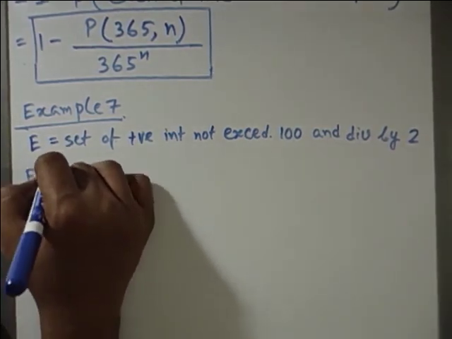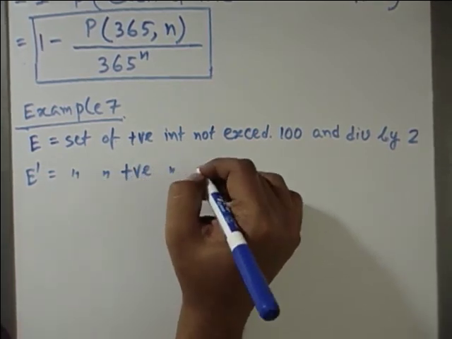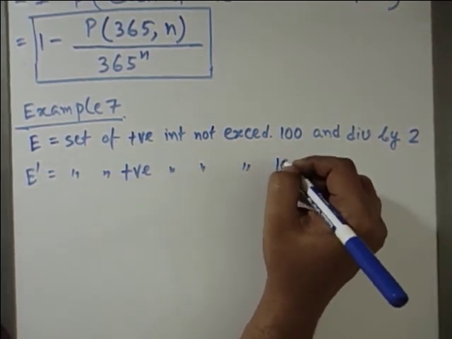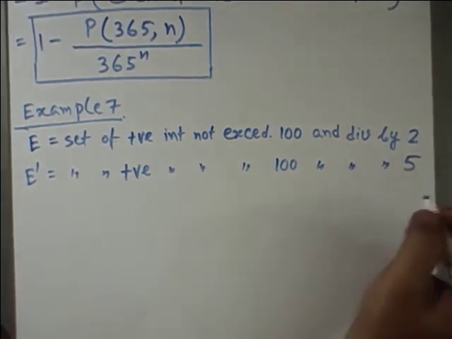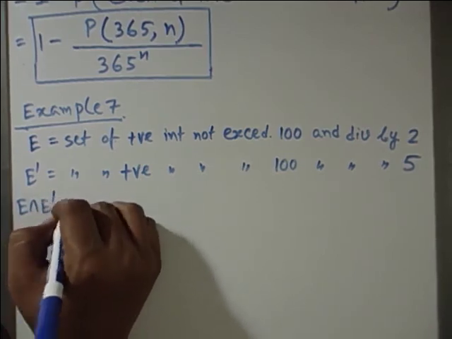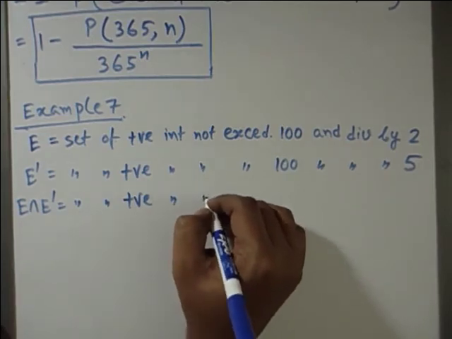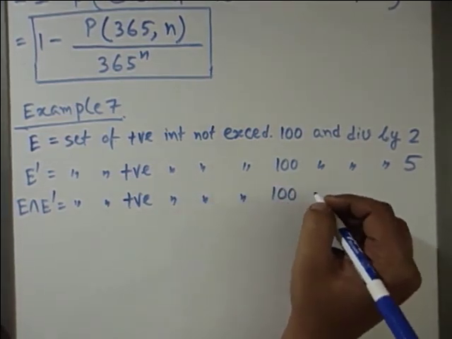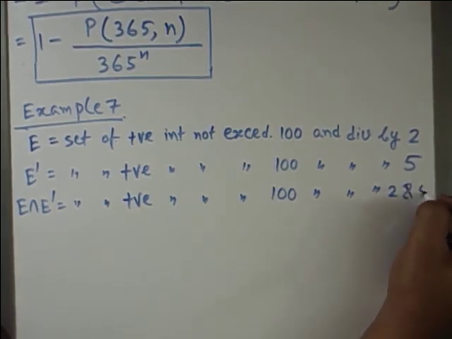E prime is the set of positive integers not exceeding 100 and divisible by 5. So what is the intersection? The set of positive integers not exceeding 100 and divisible by 2 and 5.